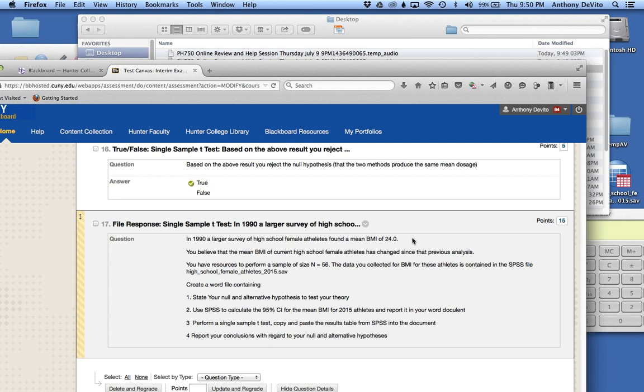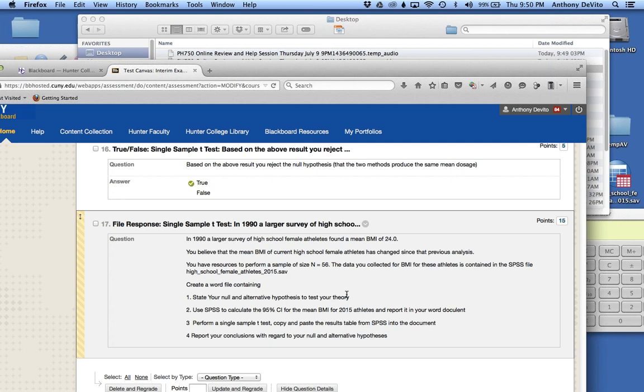In fact, our null hypothesis here is that mu in 1990, the mean BMI in 1990, is equal to mu for 2015. Or another way of saying it, since we know what 1990 was, mu for 2015 is equal to 24. Just put in that number. Or the alternative, that they're not equal.